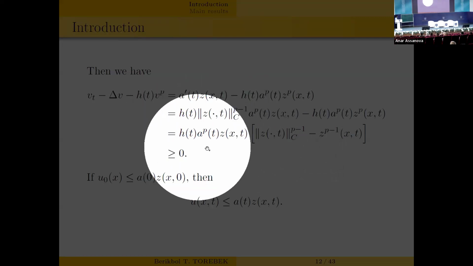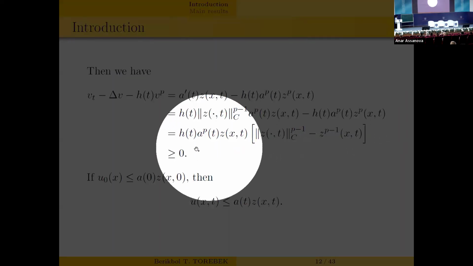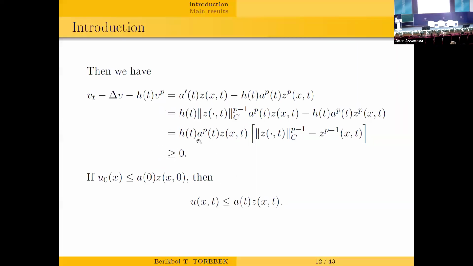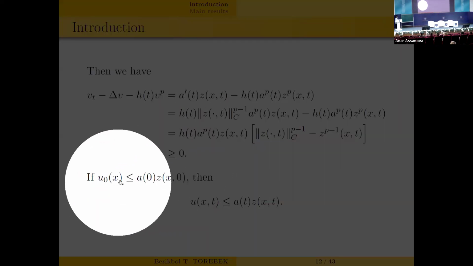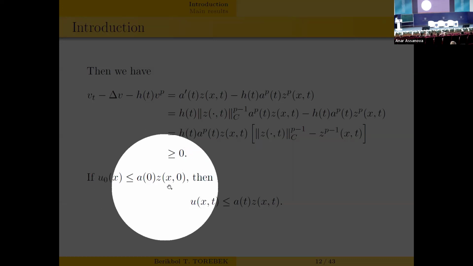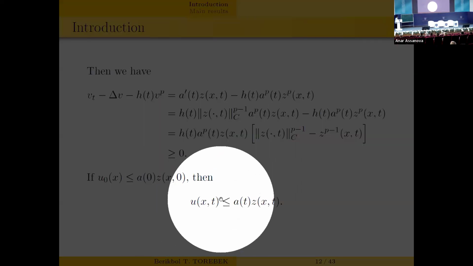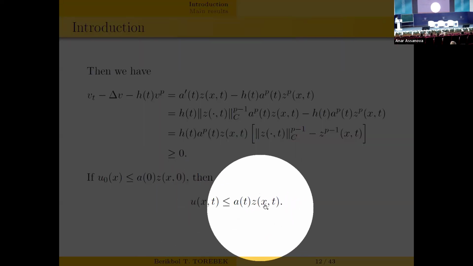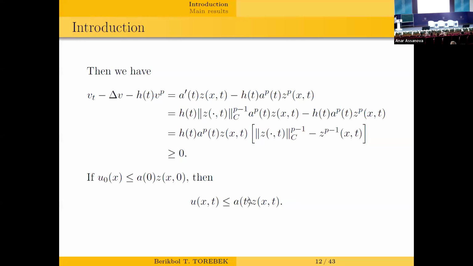Finally, this term will be non-negative for all t, and we have this inequality. It means that if we assume the initial function is bounded from above by this function, then our solution will be bounded from above by this function v, a(t) times z(x, t).